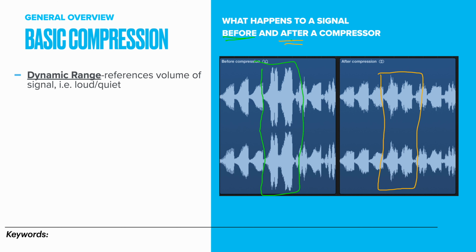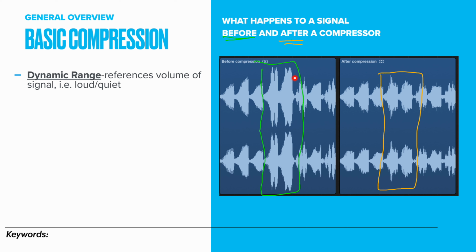Now, I want to really drive this home: compression is really about one thing, which is dynamics. And this is massively important. Whenever you see on a test or whenever I talk about anything regarding volume, the volume is about compression. It's about trying to control the peaks.